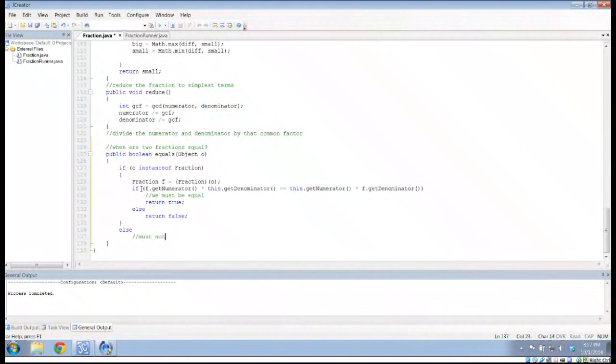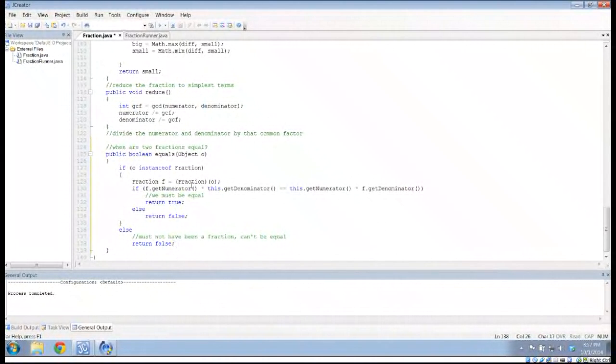And it can't be equal. So I'm going to have to return false in any case. So this is one way that I could do this.